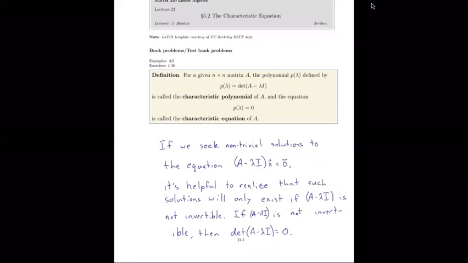So this form is a nice way to find these eigenvalues. We've already seen how to find the eigenvectors if we already know the eigenvalues. That's just the solution to a homogeneous system.